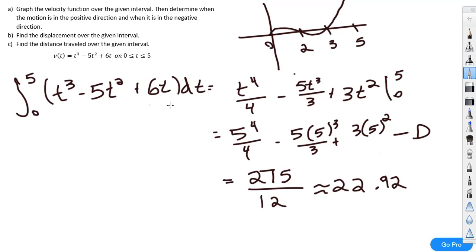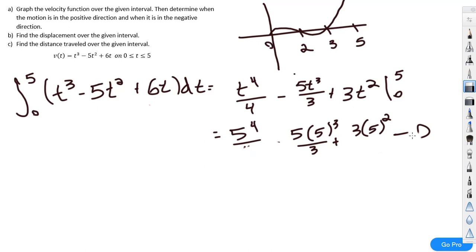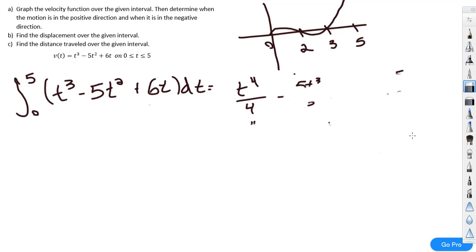The next thing that we're going to do is we're going to try to find the distance. We can also think of that as our gross displacement. So let's get rid of that, and we will start work on part C. Remember, part A was just graphing, so we're already done with that.